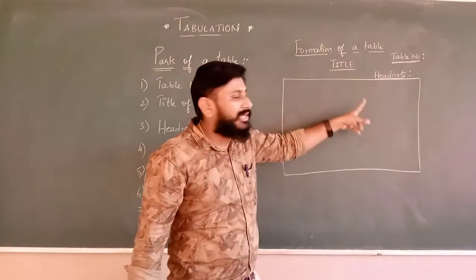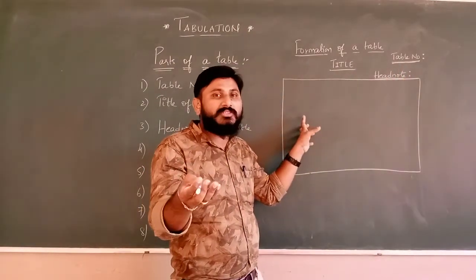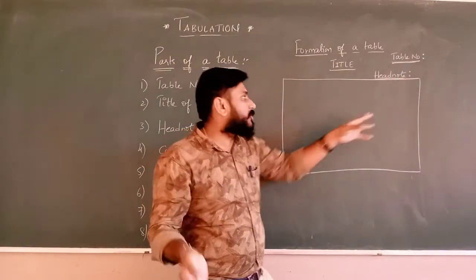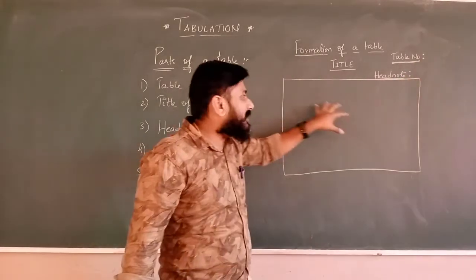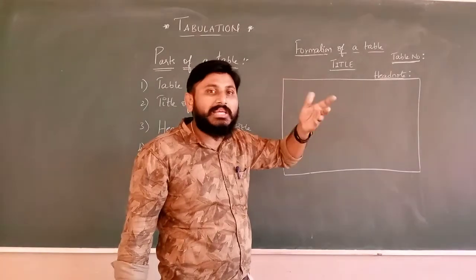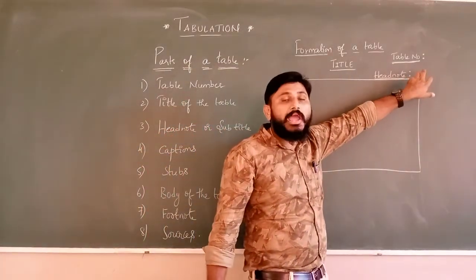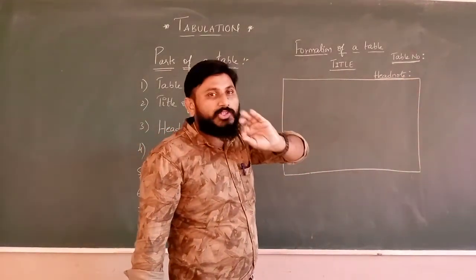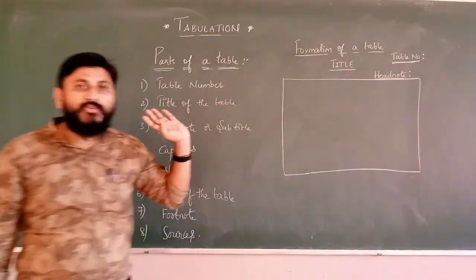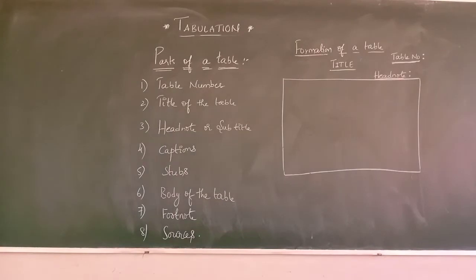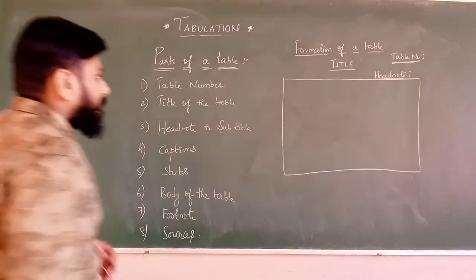If you are measuring in terms of weights, kgs, grams and all, those are to be written as head note, kg, weight, like that. If you are measuring the population, billions, millions, those are to be written in the head note. For example, in a shortcut manner, units are to be written in the form of head note. Next one is captions.